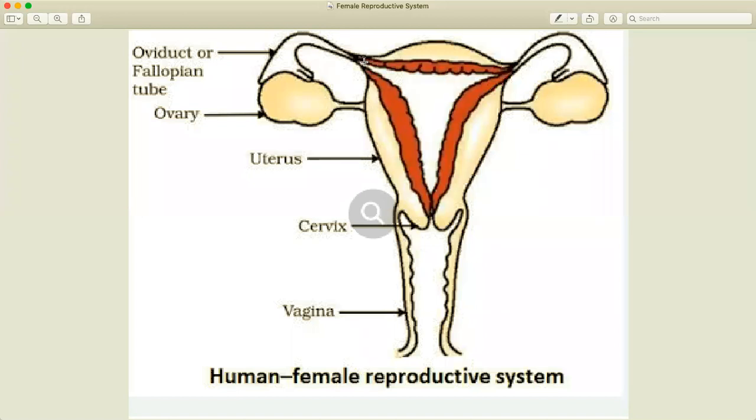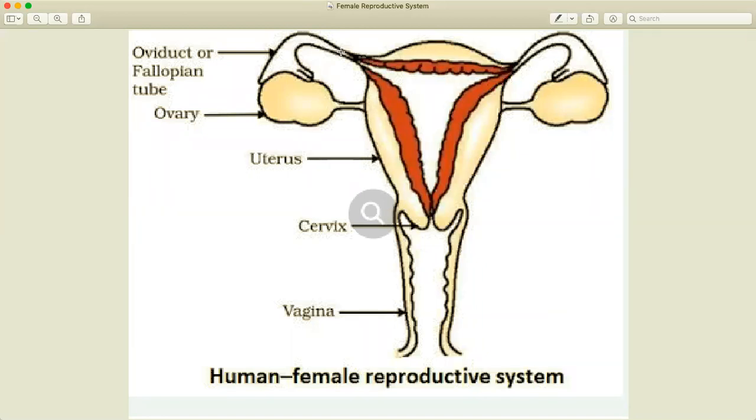If the sperms have entered the female reproductive system through the natural process of mating, then the sperms travel from the vagina and move up. As you know, sperms are the male reproductive cells or male germ cells, and if they reach the fallopian tube, they may fertilize the egg cell which is there.